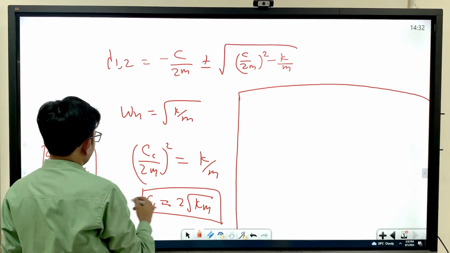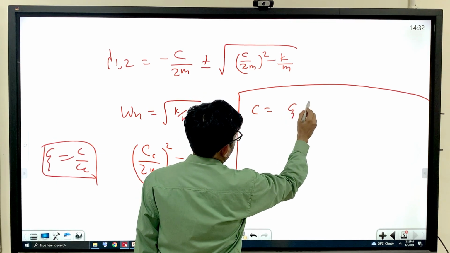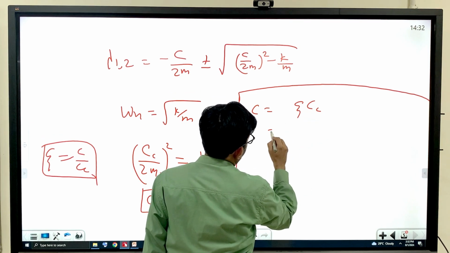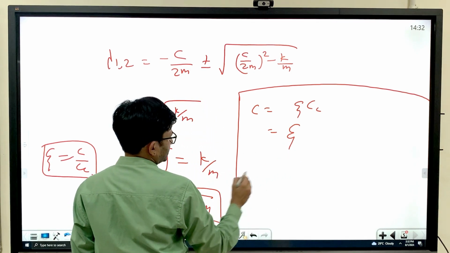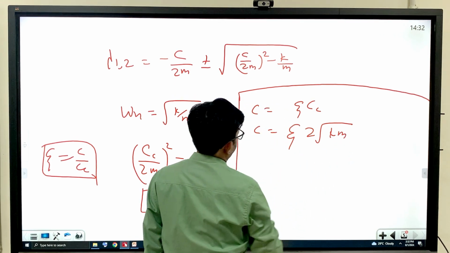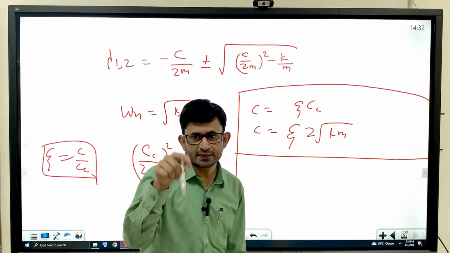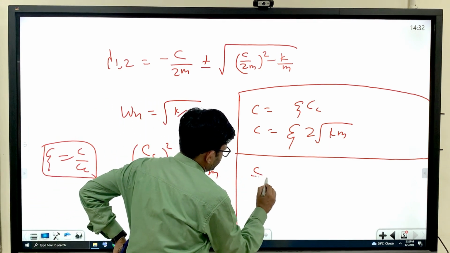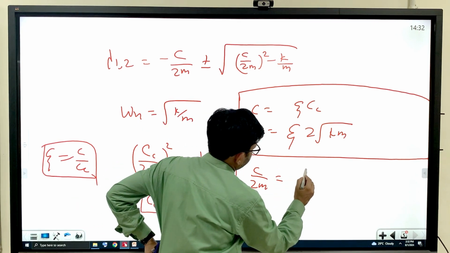You put this Cc value here, what will you get? c equal to zeta into Cc. Zeta into Cc, so you write c as zeta times 2 under root km. c is the damping coefficient and Cc is the critical damping coefficient. What is c by 2m here? What is the value of c?